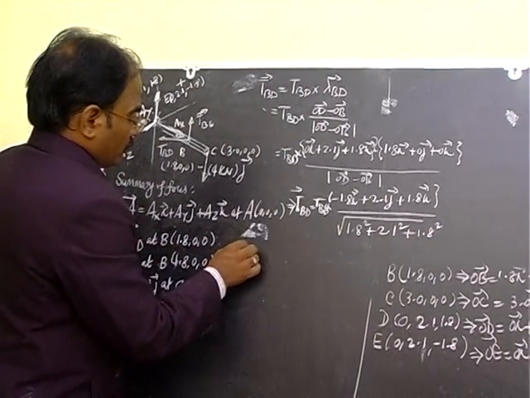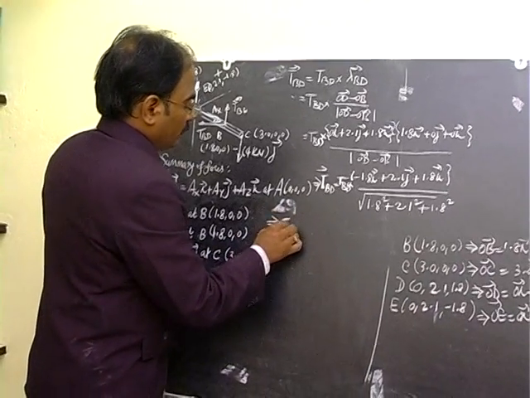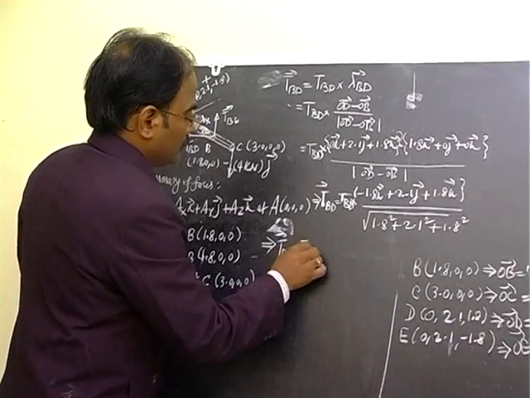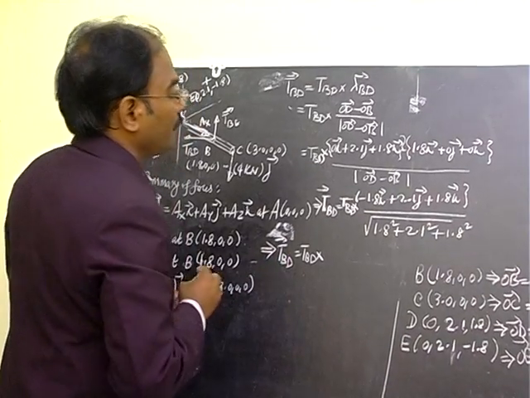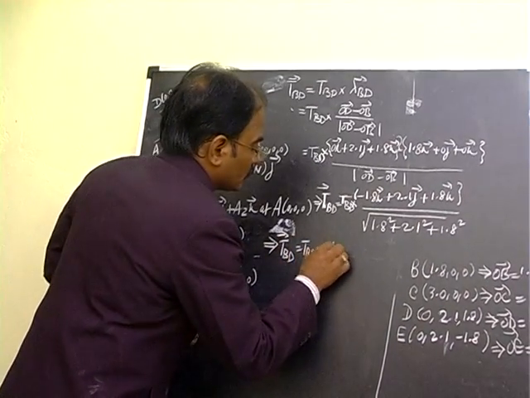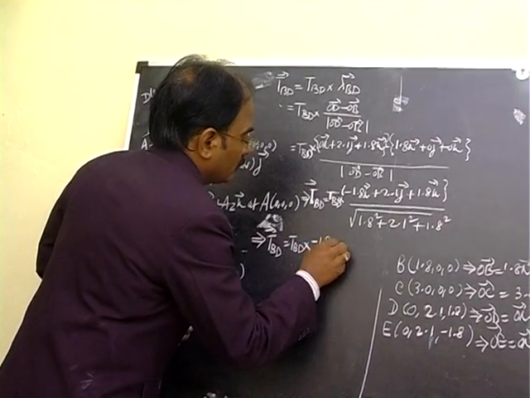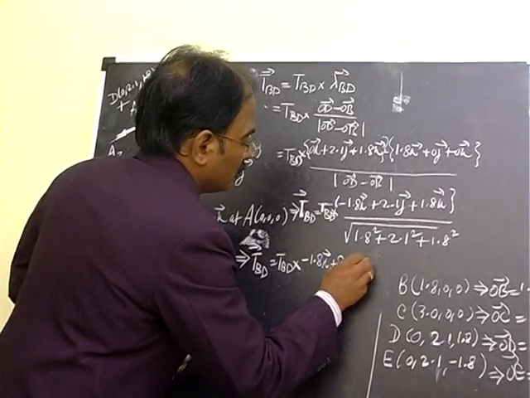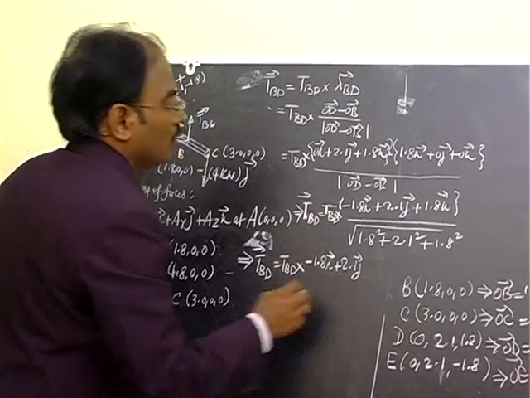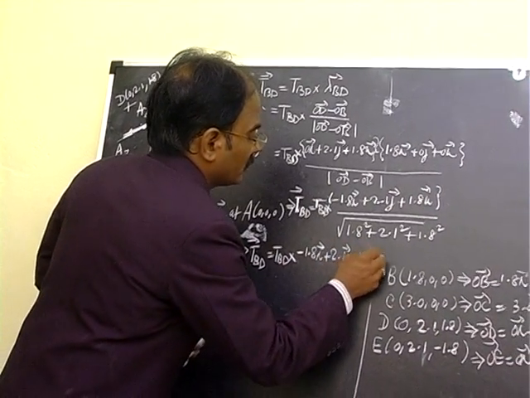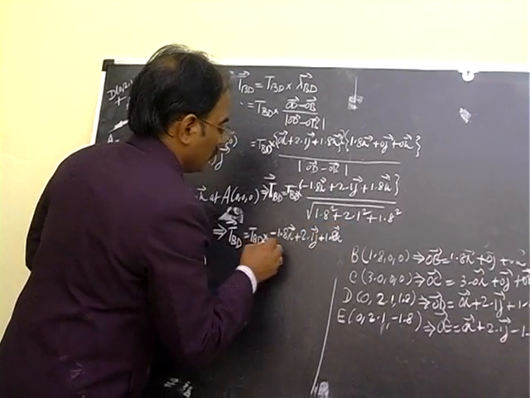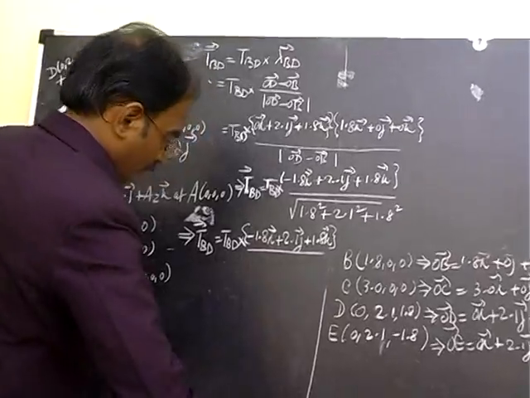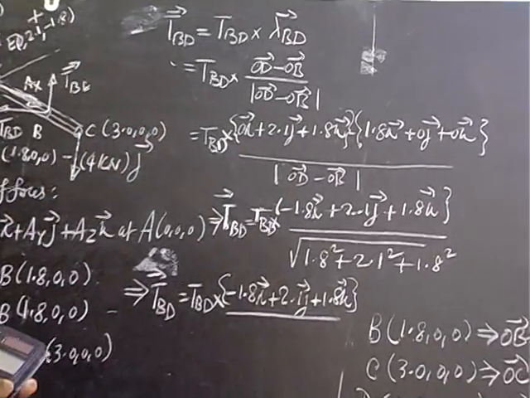Therefore, we can very easily find out that tension BD vector is tension BD multiplied by minus 1.8i plus 2.1j plus 1.8k, the whole thing divided by this value, which we can very easily find out.